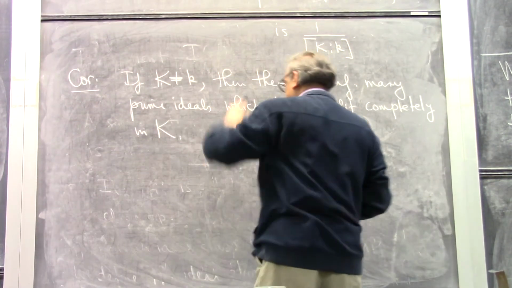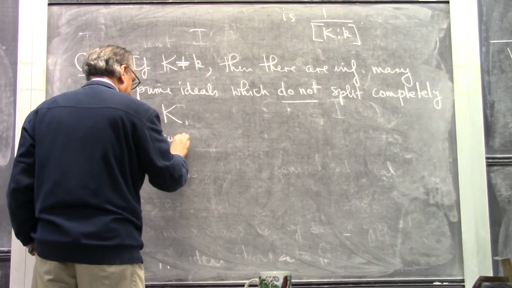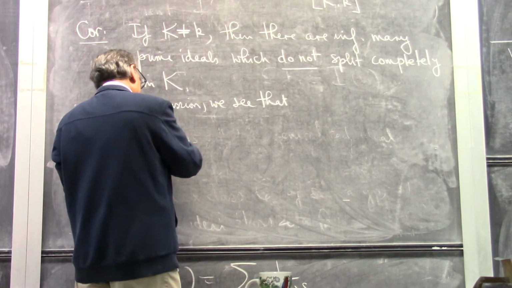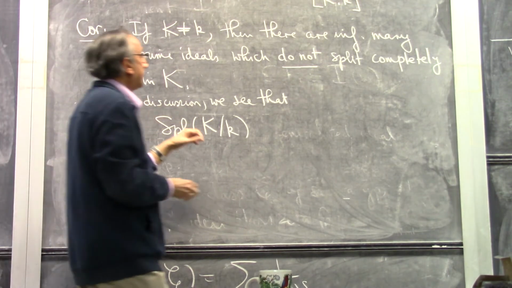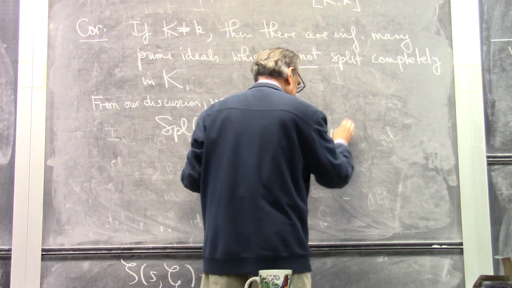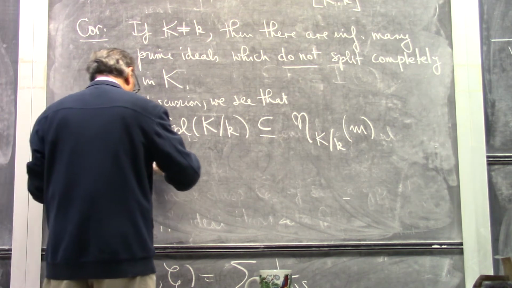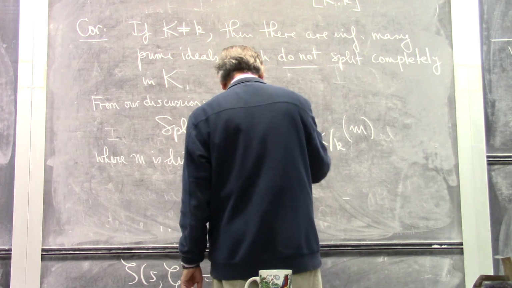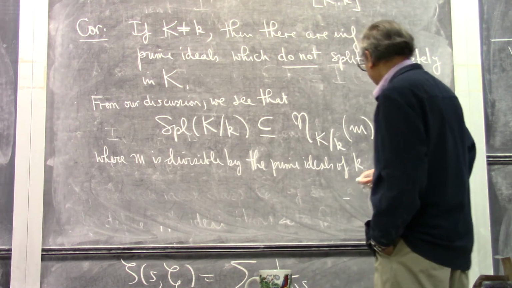So from our discussion, we see that the collection of primes that split completely contains the norms, where m is divisible by the ramified primes, the prime ideals of little k which ramify in capital K.